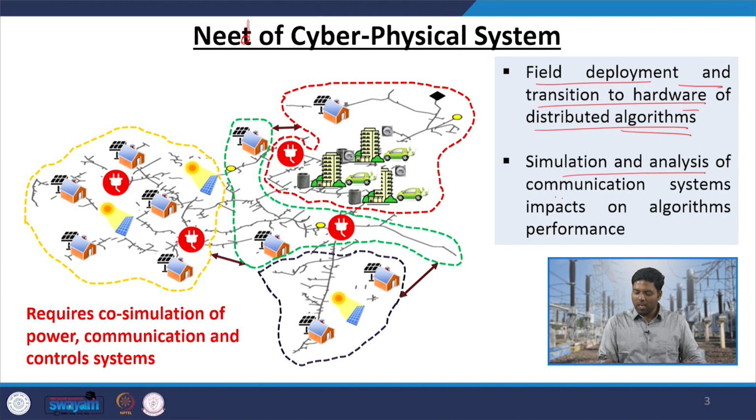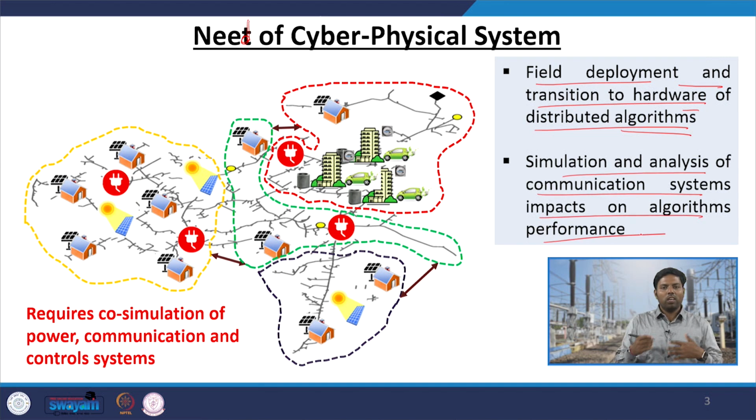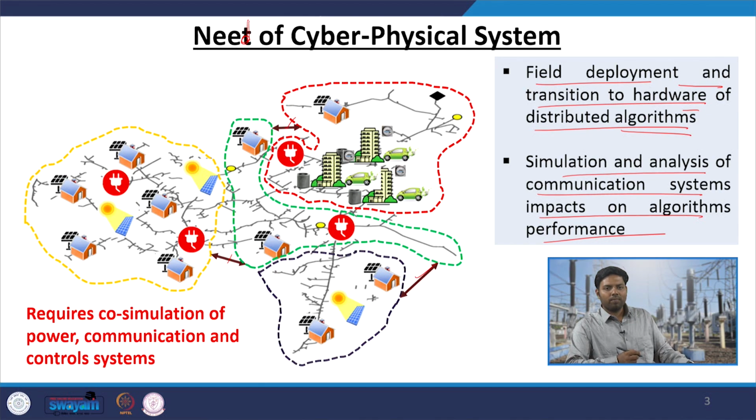So before going to field deployment, we have to do the co-simulation, and then simulate and analyze the communication system's impact on the algorithm performance. Whenever you design an algorithm, let us say there is a large distribution network, and you segregate it into multiple areas, let us say 4 areas, and then exchange the boundary values. That is what we have done for distributed OPF.